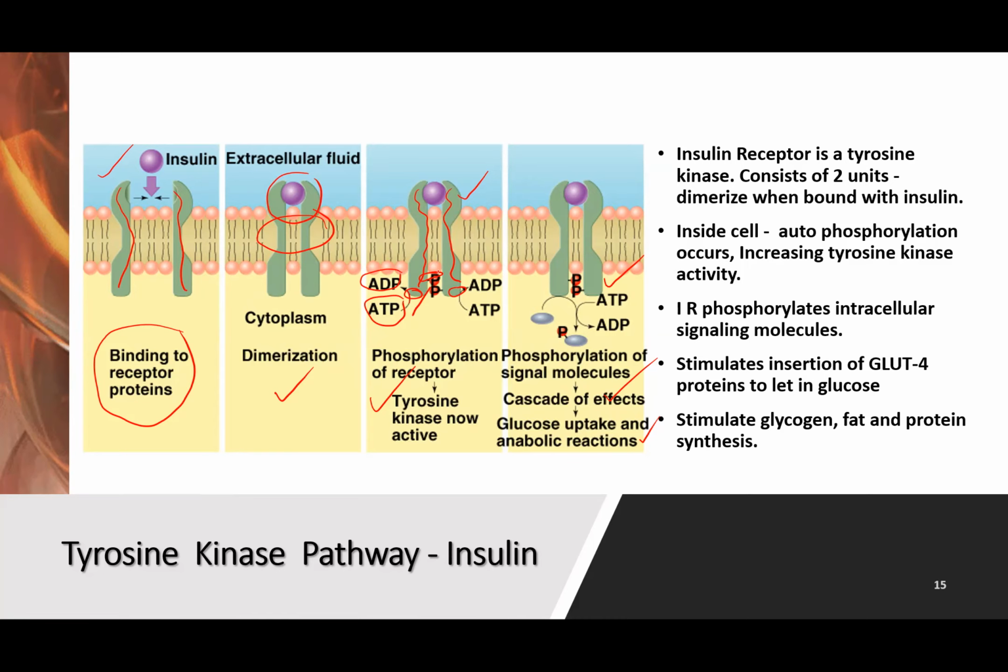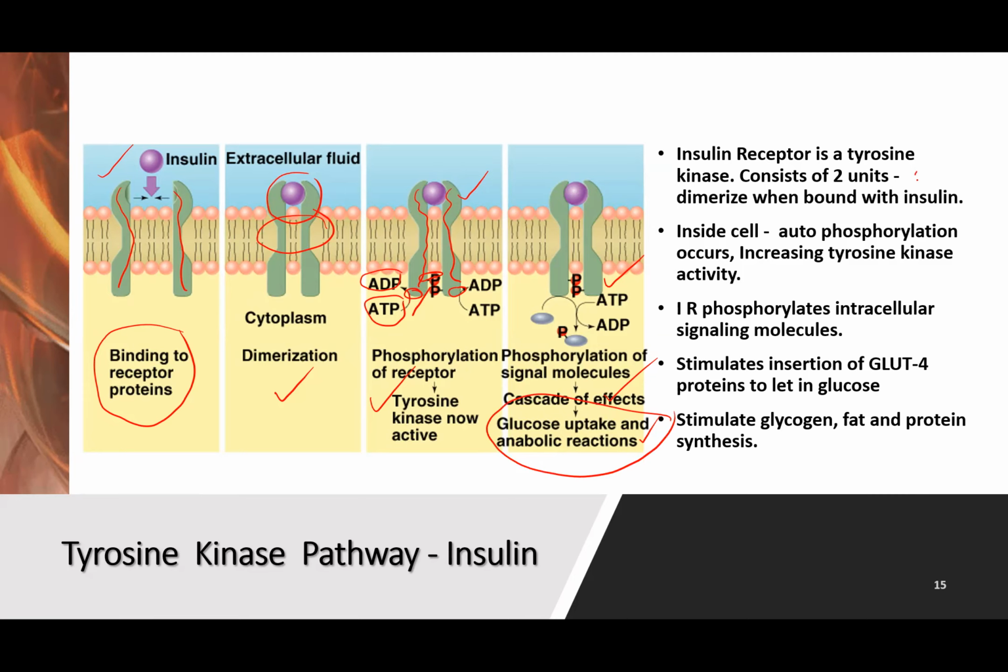There can be mutations where tyrosine kinase is not properly activated, and then insulin will fail to do its job. Or insulin has done its part, but there is a problem in the cell, the phosphorylation is not occurring, tyrosine kinase is not activated, and then glucose uptake and other things do not happen.